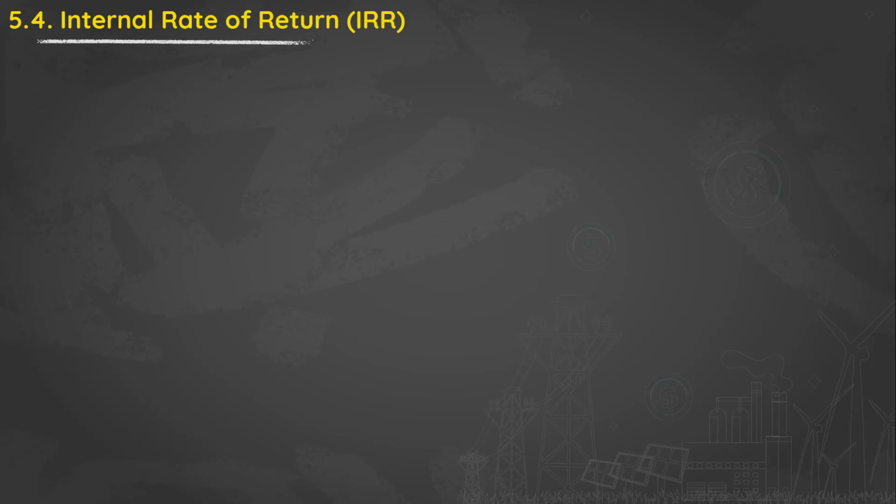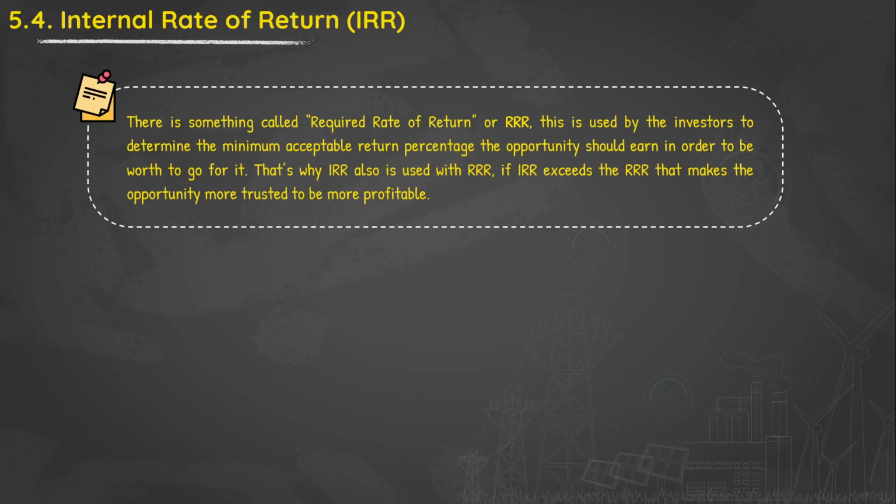One remaining note I would like to discuss: there is a term you may hear around called required rate of return, or RRR, and this is used by investors to determine the minimum acceptable return percentage of an opportunity.